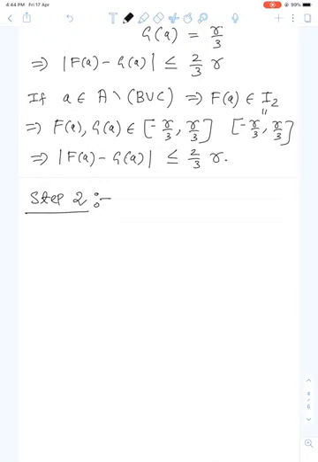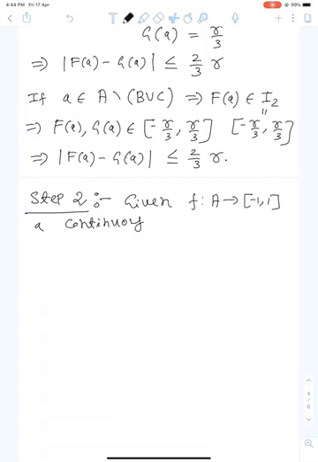Now step 2 is given: f from A to minus 1 comma 1 a continuous function, right?